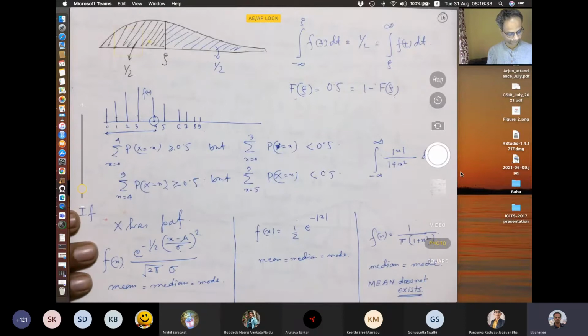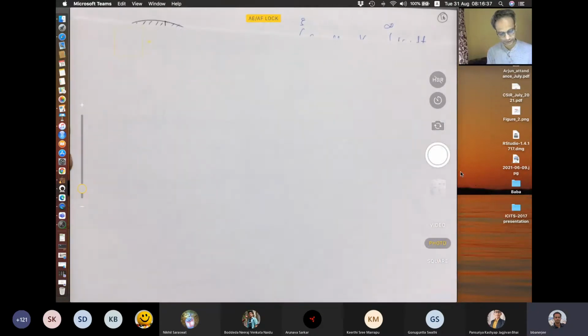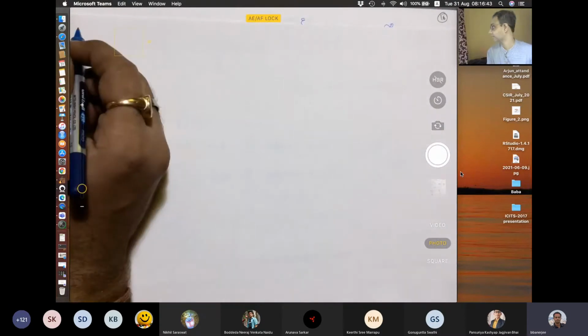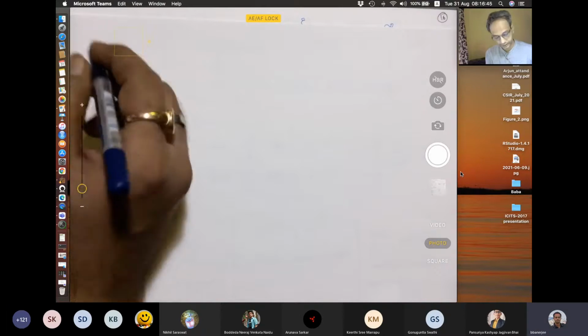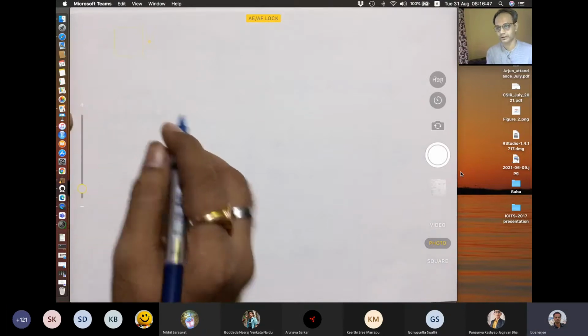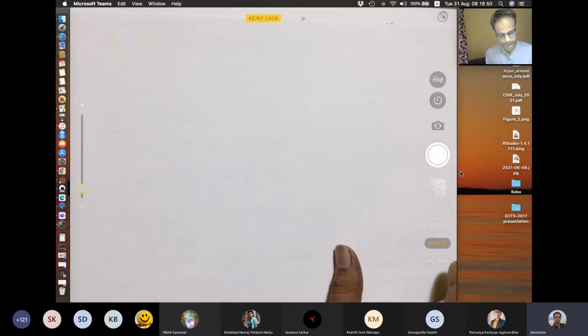So central tendency part we have covered. Now let us talk about the measure of dispersion once again.